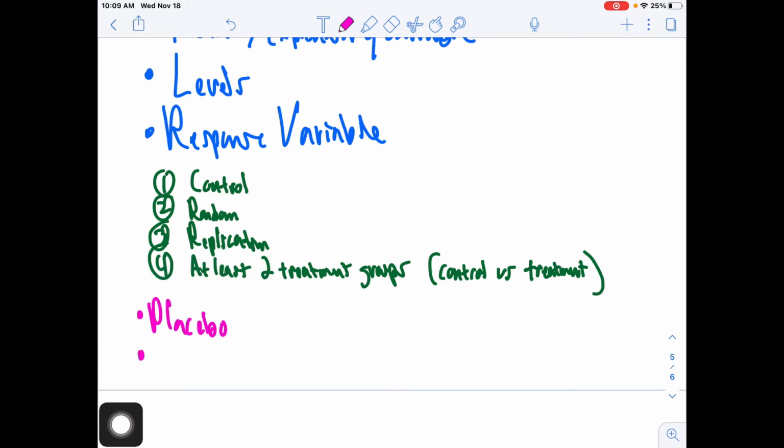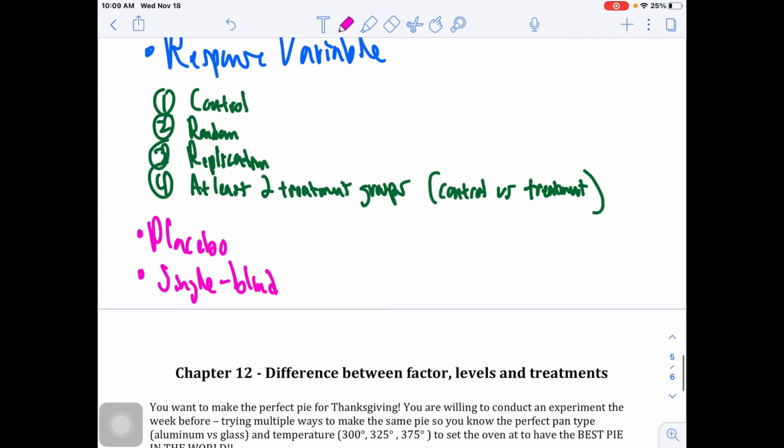We talked about blinding, so a single blind and a double blind. A single blind is where the subjects don't know which treatment they're getting.